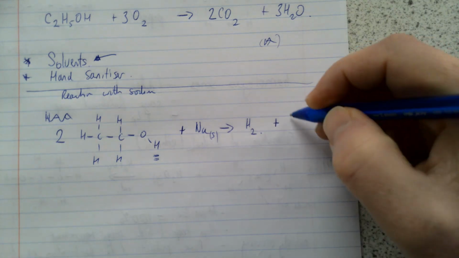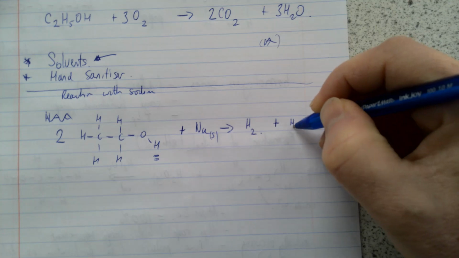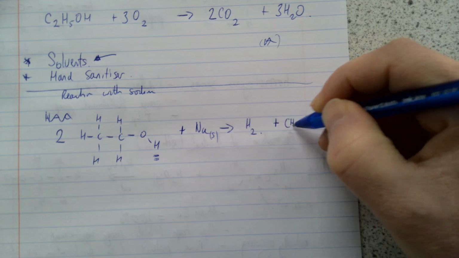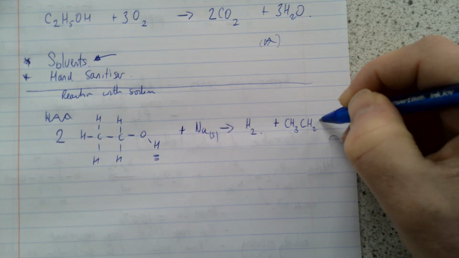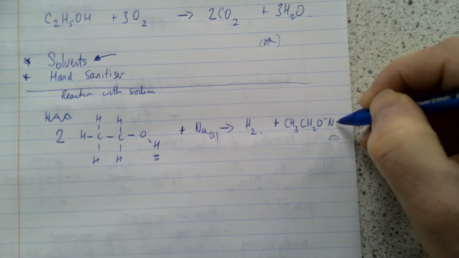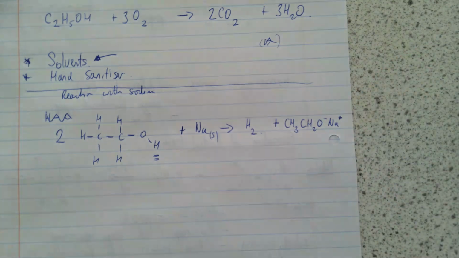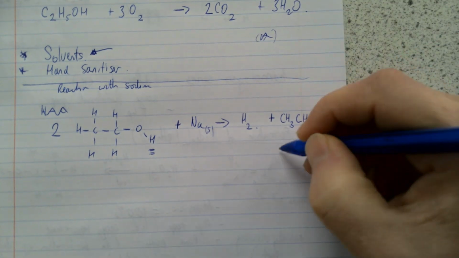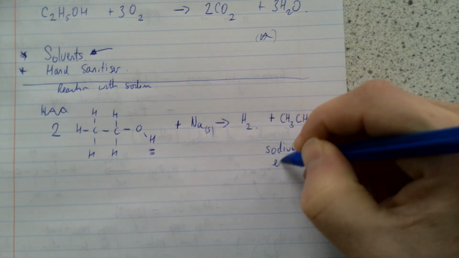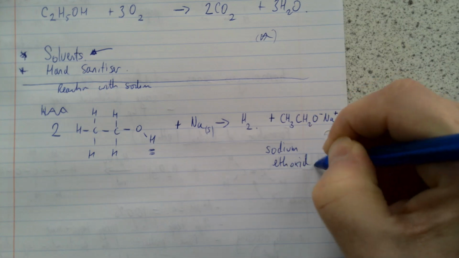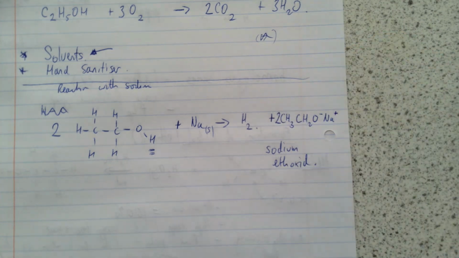So the other thing you get is this. Is there a catalyst for this reaction? Nope, you chuck it in and it works. And you get something called sodium ethoxide. So 2 sodium ethoxide molecules.